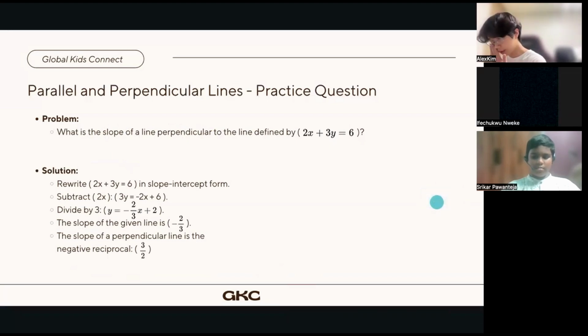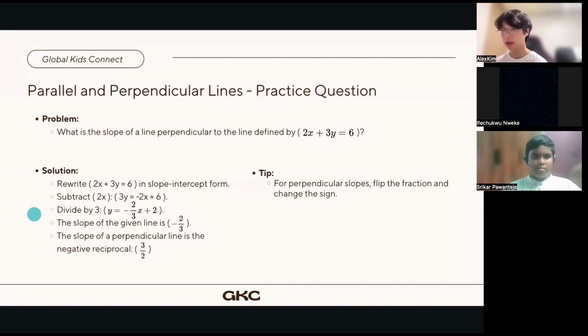Here are the written solutions. You will have access to this once I give you the PPT after the class. So no worries. A tip for perpendicular questions is: for perpendicular slopes, flip the fraction and change the sign. So what does this mean? You remember we just found that the slope of the first line was -2 over 3.